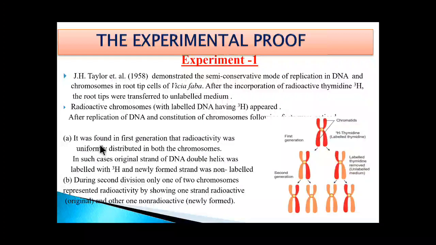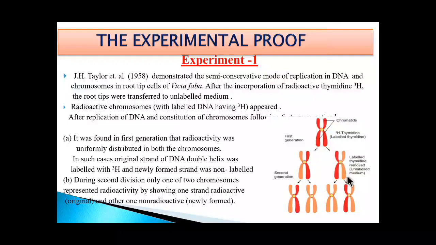It was found in the first generation that radioactivity was uniformly distributed in both the chromosomes. In such cases, the original strand of DNA double helix was labeled with radioactive thymidine and the newly formed strand was non-labeled. Here you can see labeled thymidine and then the newly formed one is non-labeled.